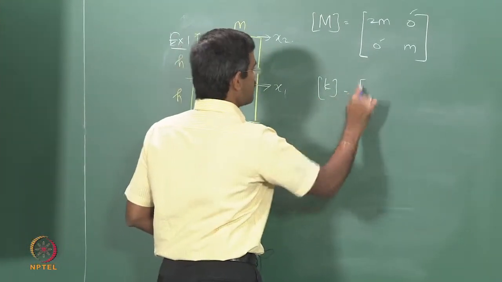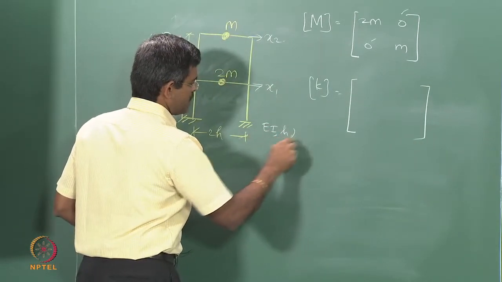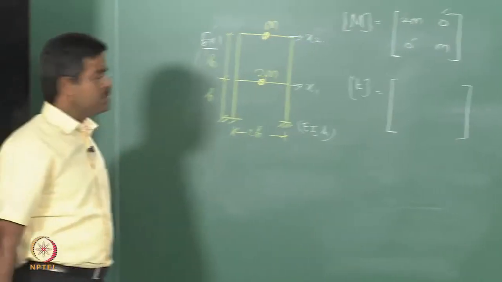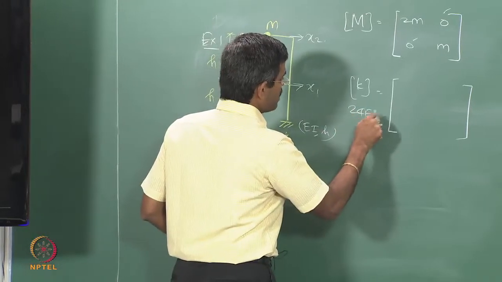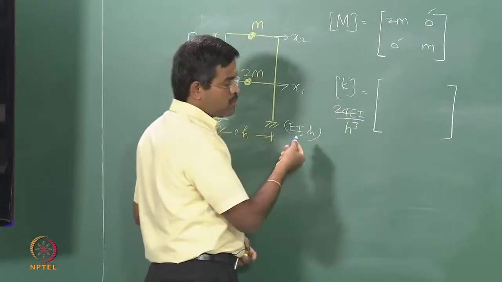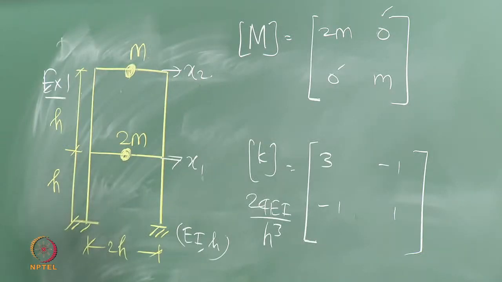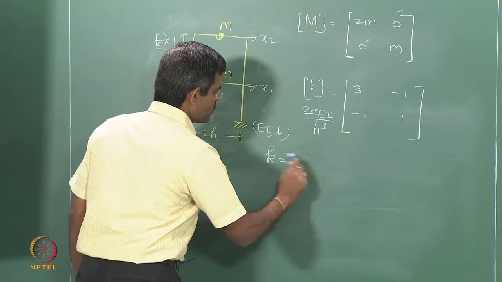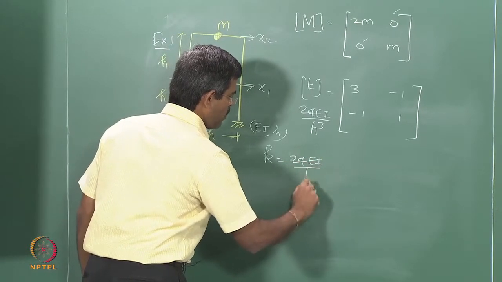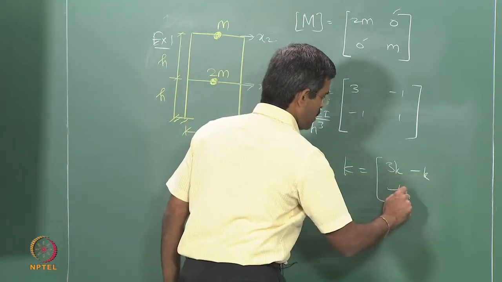The stiffness matrix remains symmetric, EI and H being the properties of the material and the members, and we say 24 EI by H cube as a multiplier out, and this is 3 minus 1 minus 1 1, is it so? Yeah. So, I simply say small k is 24 EI by H cube. Therefore, my capital K becomes 3k minus k minus k and k.